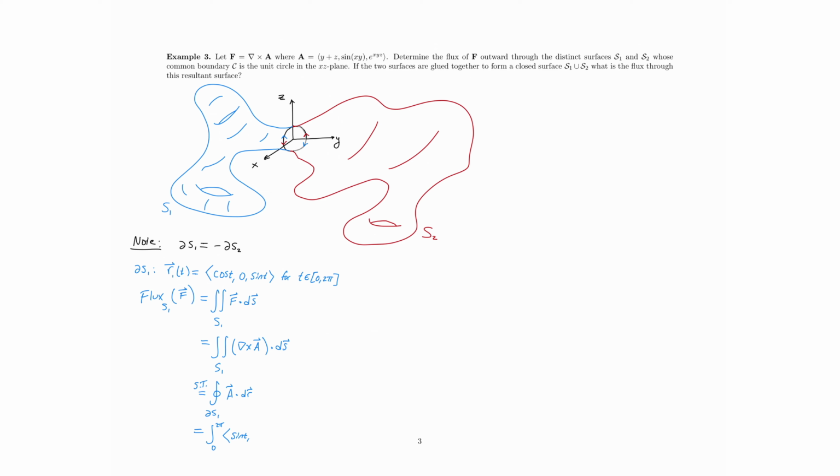Sine of 0 is 0, and e to the 0 is 1, dotted with our derivative, which would be minus sine of t, 0, cosine of t dt, which is going to be the integral from 0 to 2 pi of cosine of t dt.